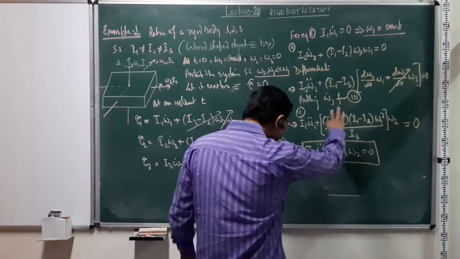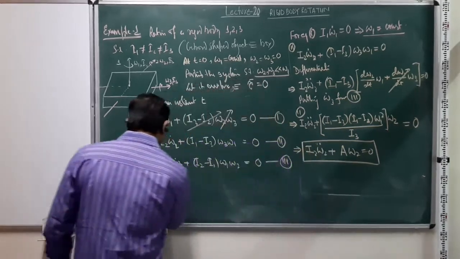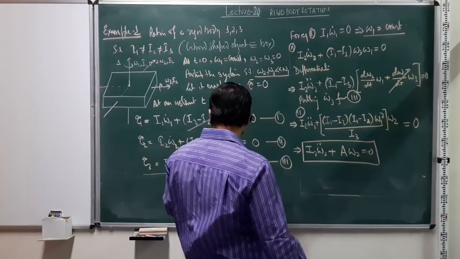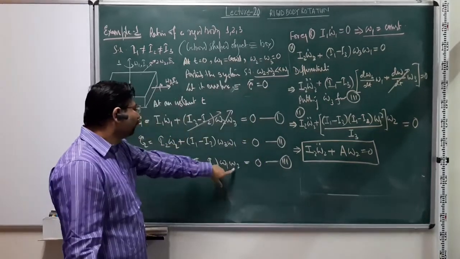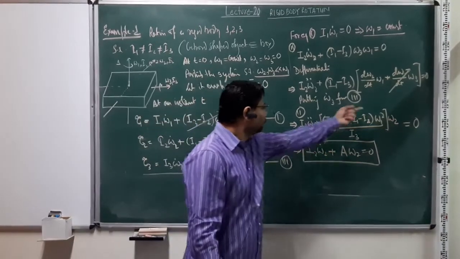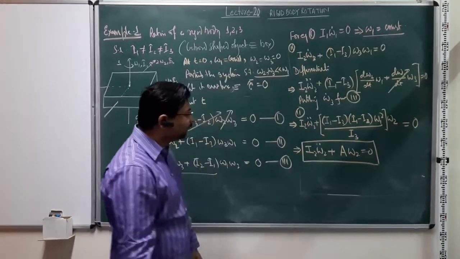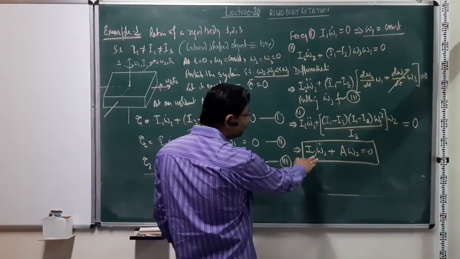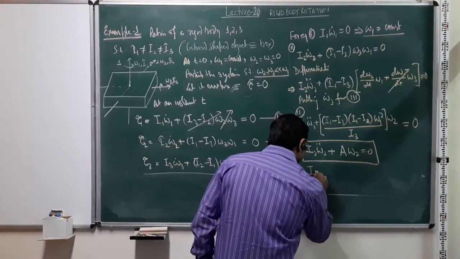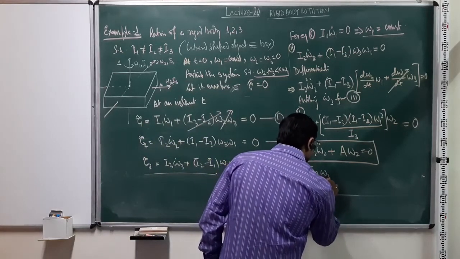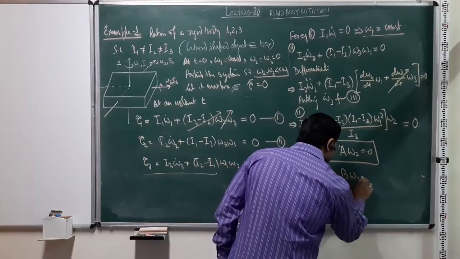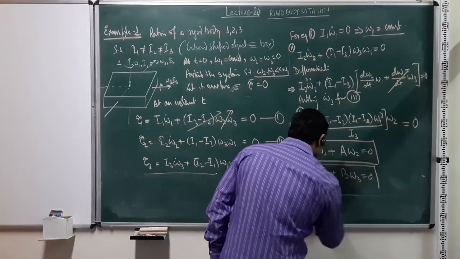Okay. A similar thing we will get if we solve for equation 3. So we can start by differentiating equation number 3 and then putting back the value of omega 2 dot from here, and we will get more or less the same expression. So the equation of motion for the third principal axis also will look something like this. In fact, I can write it down as I3 omega 3 double dot plus B omega 3 is equal to 0.